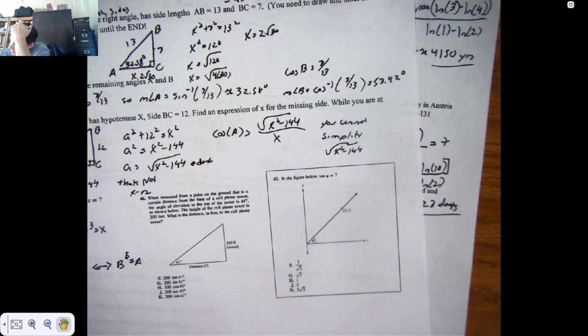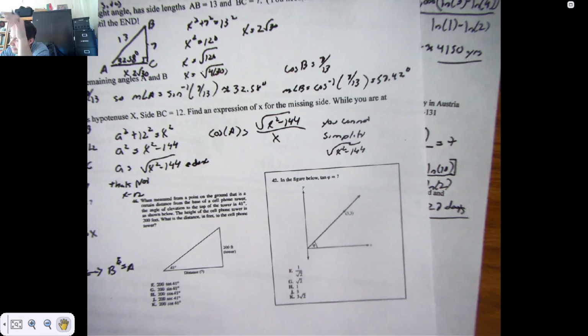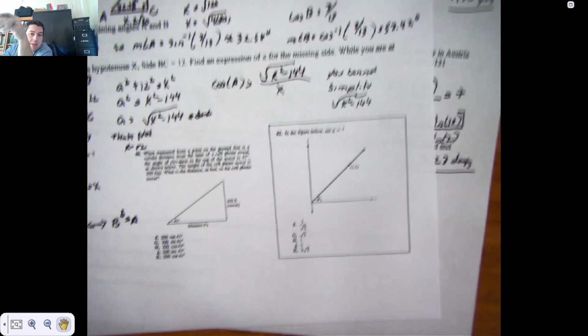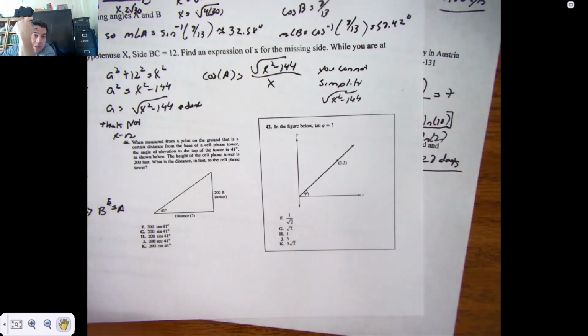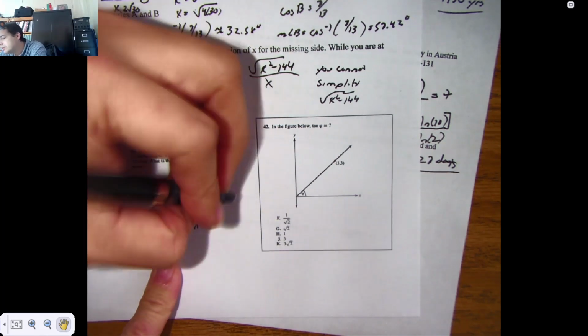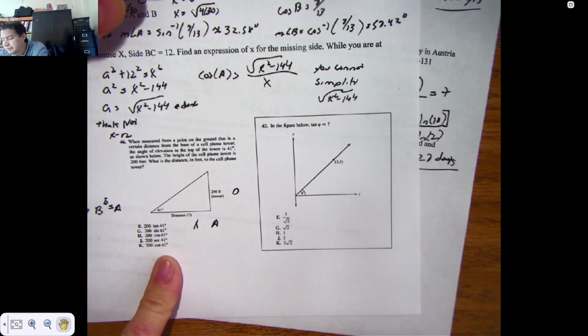46 ACT. When measuring from a point on the ground that is a certain distance from the base of a cell phone tower, the angle of elevation at the top is 41 degrees as shown below. The height of the cell phone tower is 200 feet. What is the distance in feet to the cell tower? So they want this length down here. What I notice is I have the opposite and adjacent side.